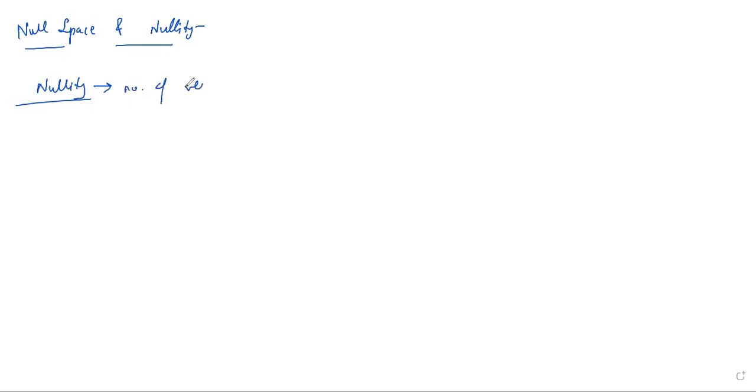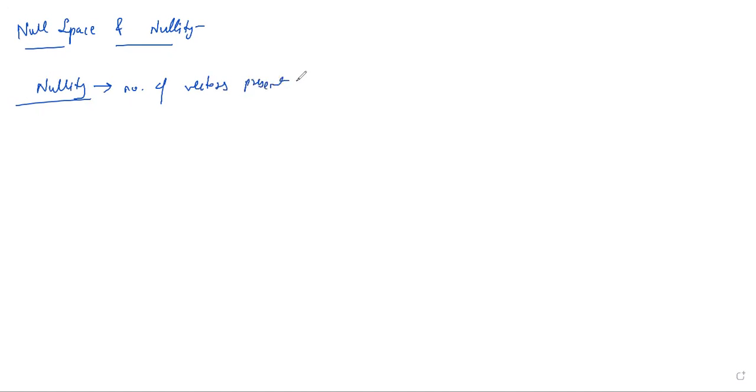So we are doing the rank concept. Now in rank concept there is a very important thing which is called the null space and nullity. Okay, and in that, what is actually nullity? Nullity is the number of vectors present in the null space of a matrix.